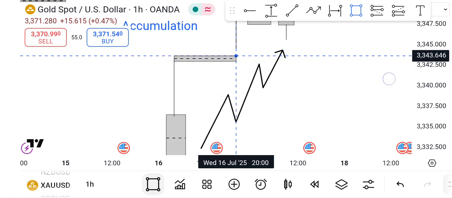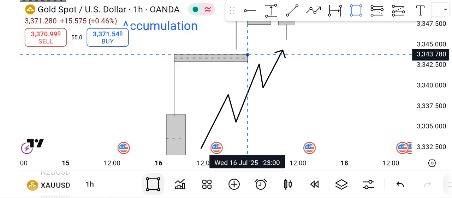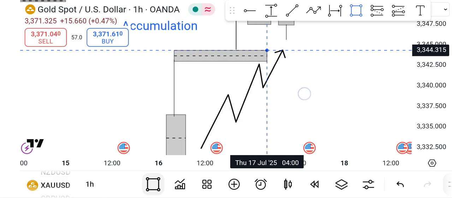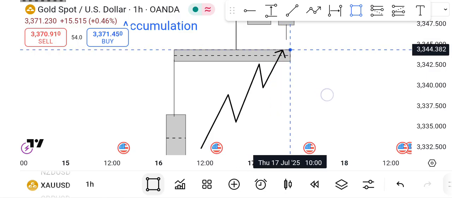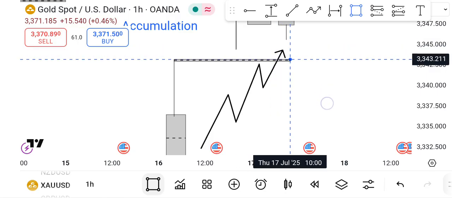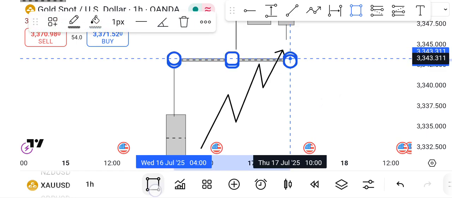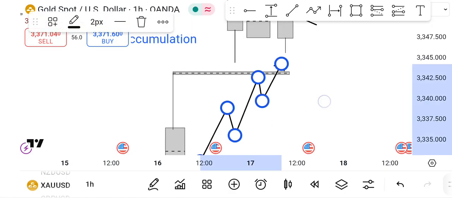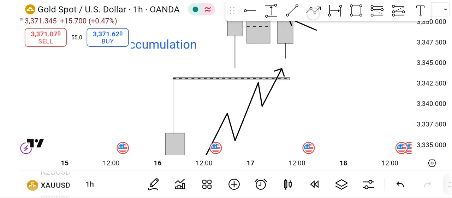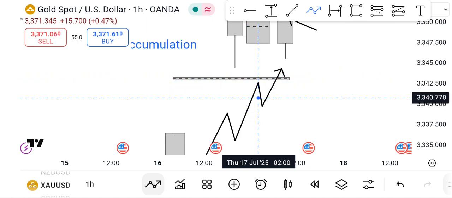That liquidity, and I have said liquidity is where the price moves beyond the high or low of the previous candle and it reverses. So guys, the market was on an uptrend. The market reached here.